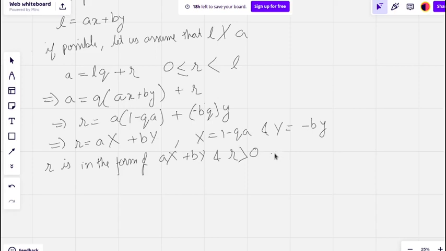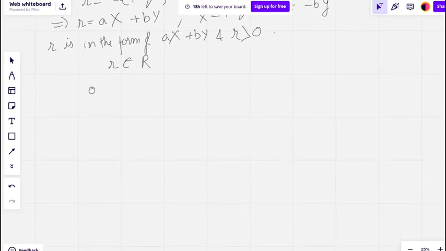Please understand that because of our assumption that L does not divide A, there has to be some non-zero remainder, and because of that R has to be greater than 0. Now since R can be written in the form of AX plus BY and R is greater than 0, we can safely say that R belongs to the capital set R. Okay, I hope that makes sense.